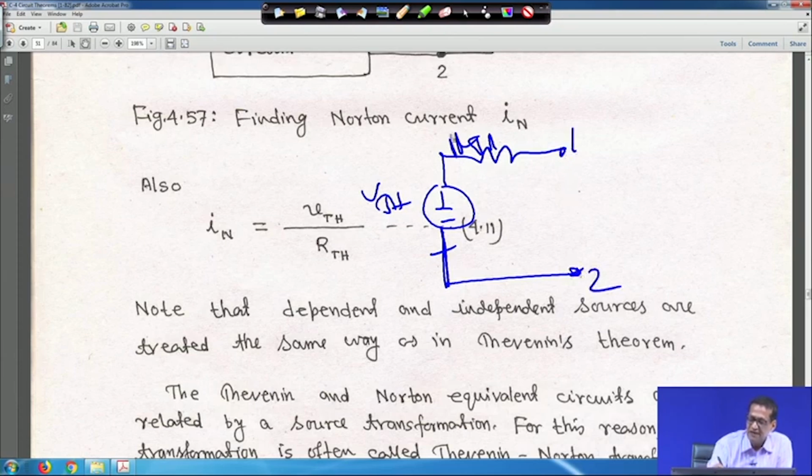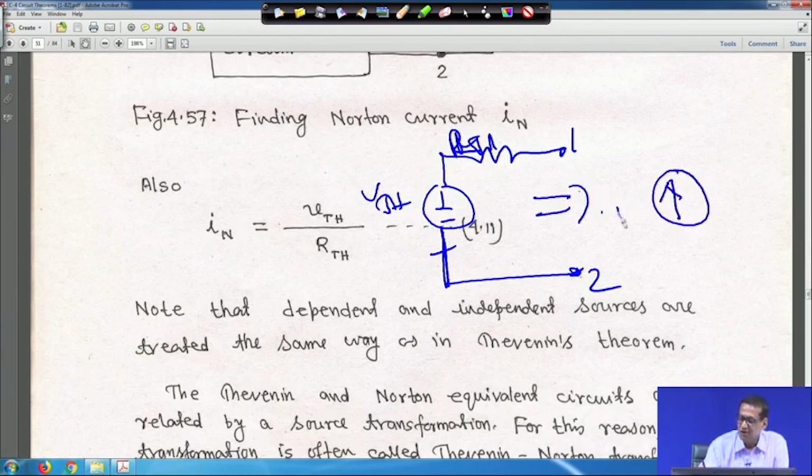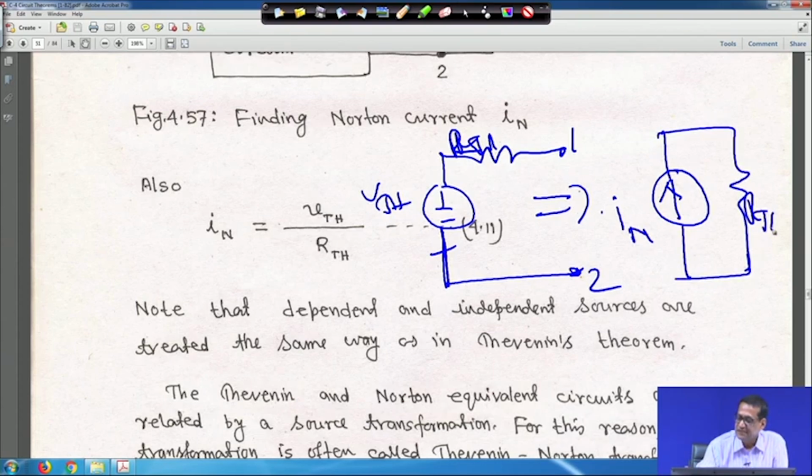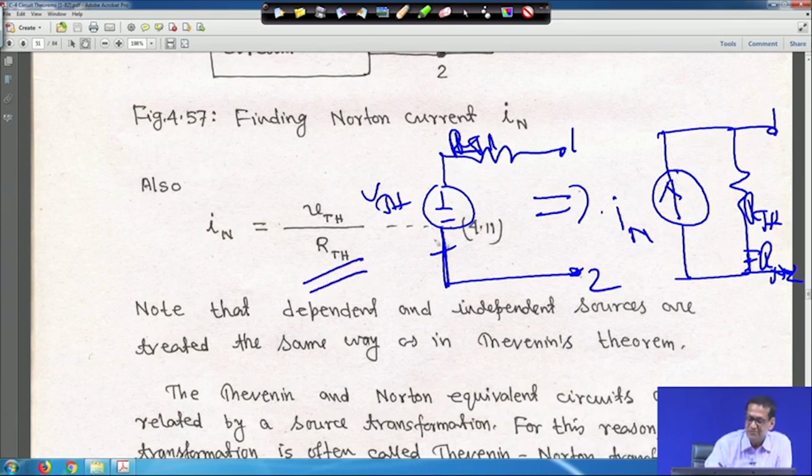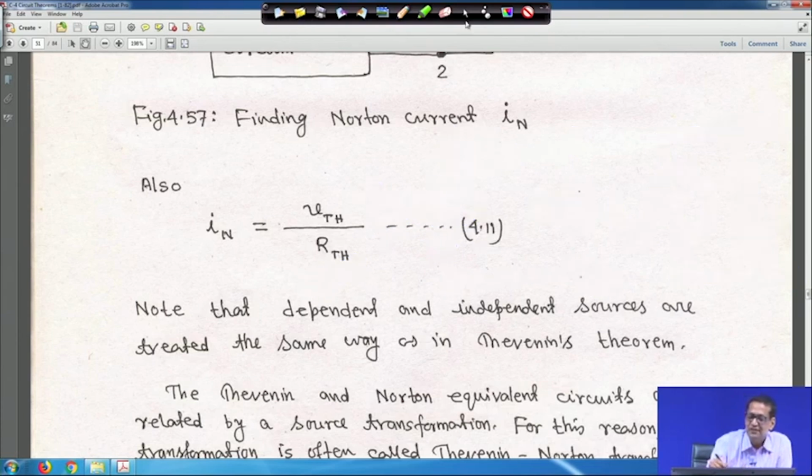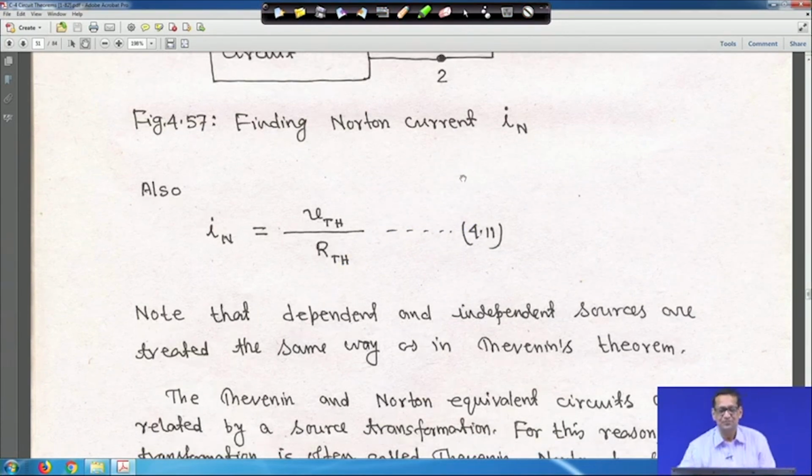If you go for source transformation, it will be your I Norton, and R Thevenin is equal to R Norton, both are the same, with terminals 1 and 2. That means I Norton is equal to V Thevenin by R Thevenin through source transformation.